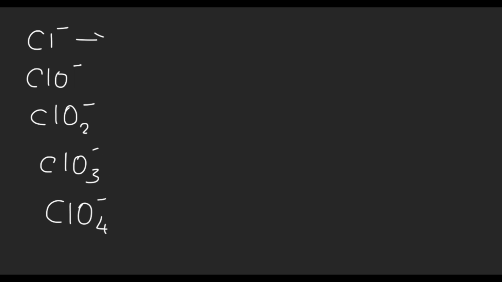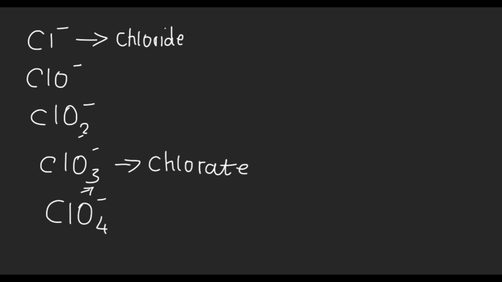So the first one is a monatomic ion, so this is a chloride. Then I'm going to name the third one. So this one will be called a chlorate. Since here there is 3 atoms of oxygen and here there is 2, this one will be called chlorite.